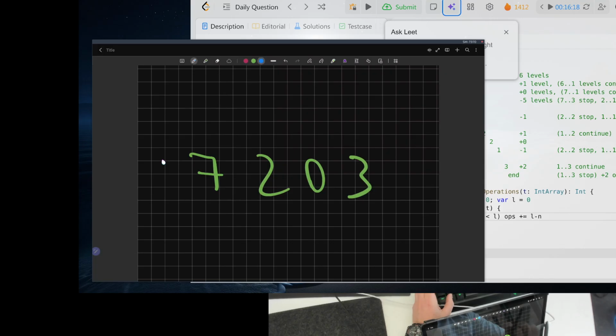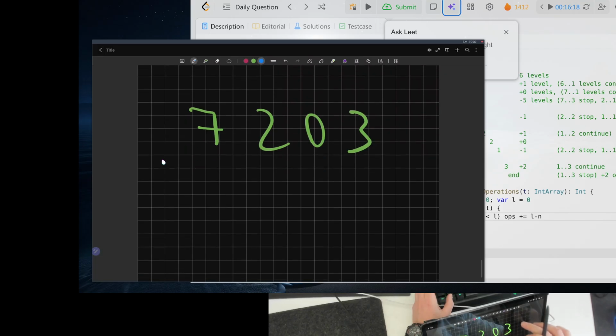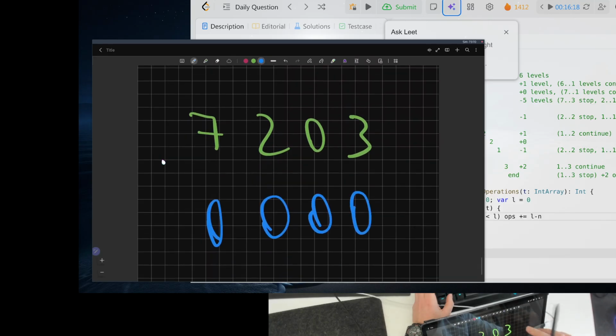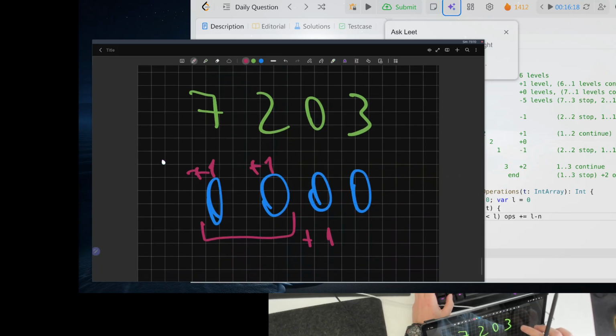Given these numbers, we have a virtual array of zeros, and in one operation we choose some subarray and do +1, making all of the subarray +1. They ask us to find the minimum number of operations to convert this zero array to this target.